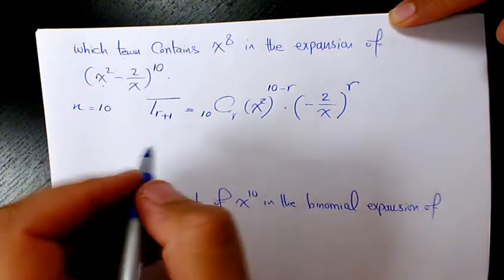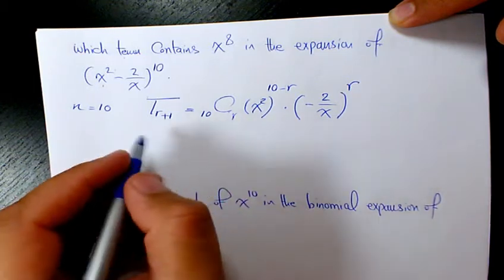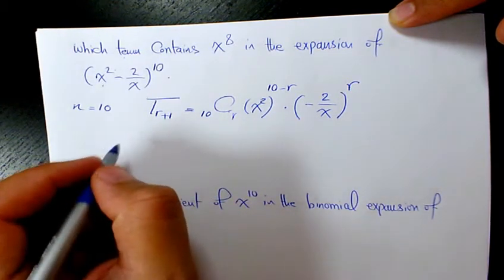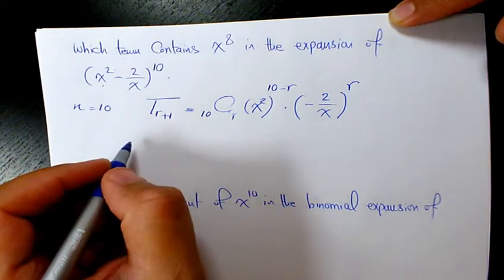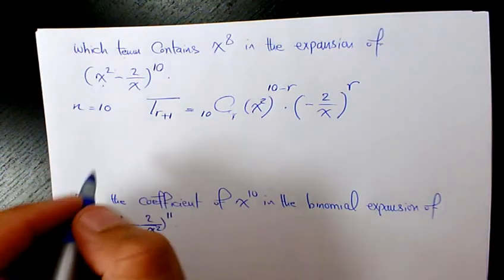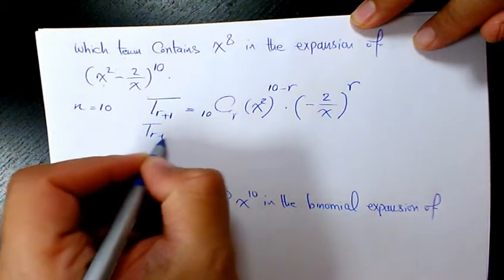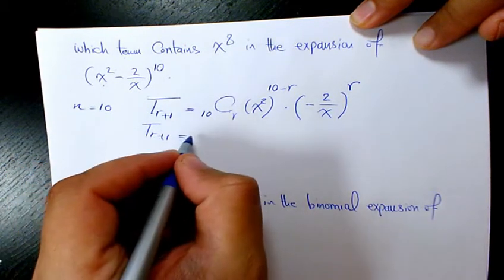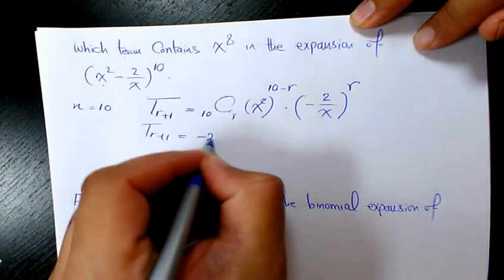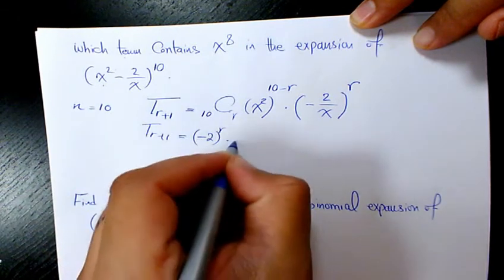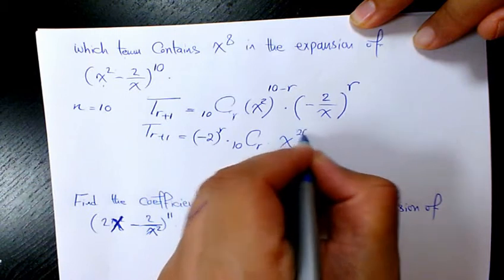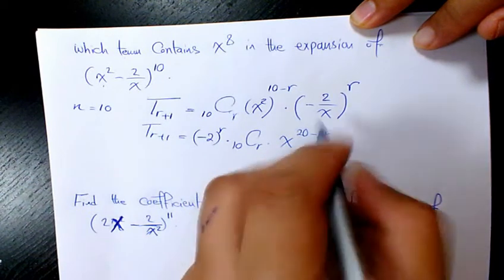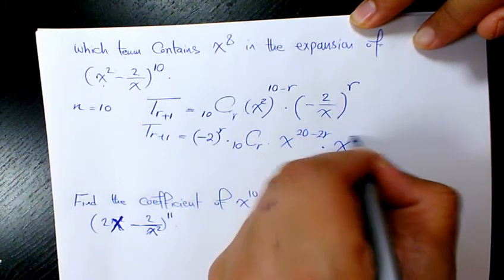Then when you simplify it, T(r+1) equals negative 2 to the power of r, 10 Cr, x to the power of 20 minus 2r, times x to the power of negative r.